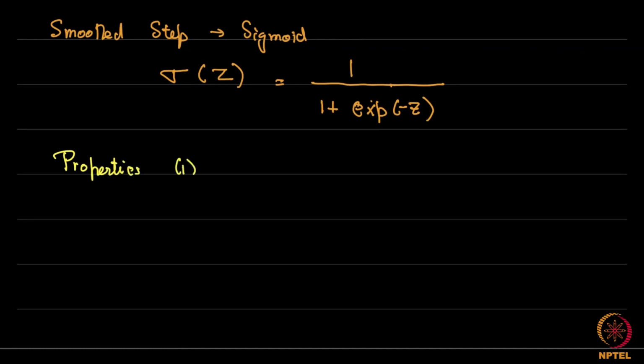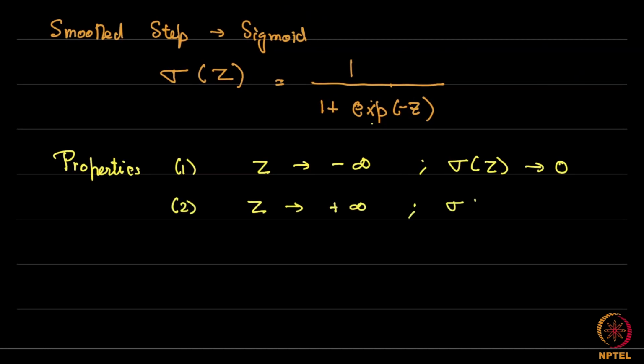First property is as z tends to minus infinity, sigmoid of z, you can see, is 1 by 1 plus e to the power plus infinity, which effectively tends to infinity. So 1 by infinity, this tends to 0. Second property, as z tends to plus infinity, sigmoid of z becomes e to the power minus infinity, which is approximately tending to 0.